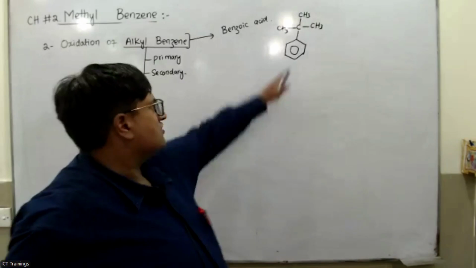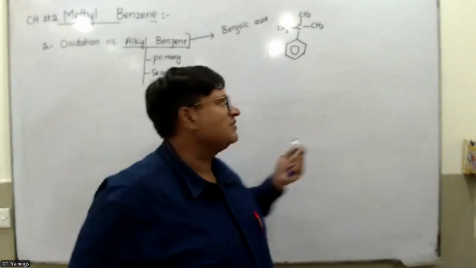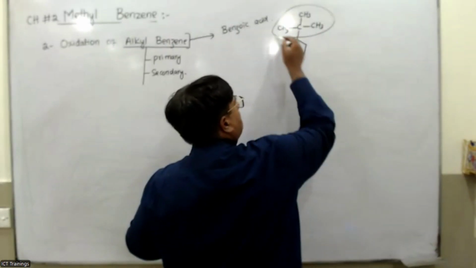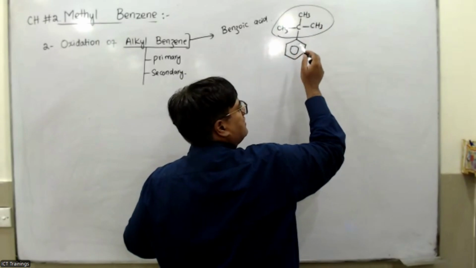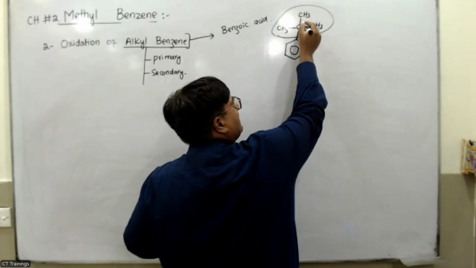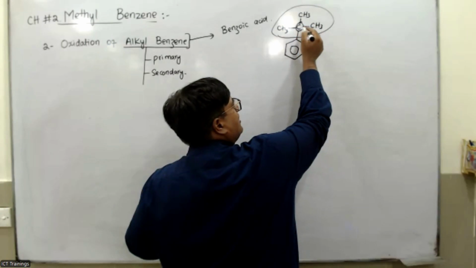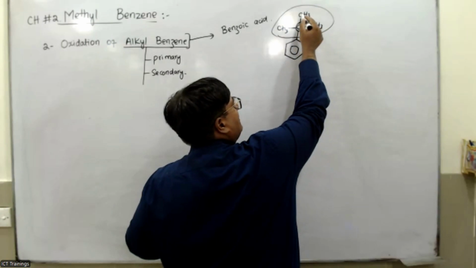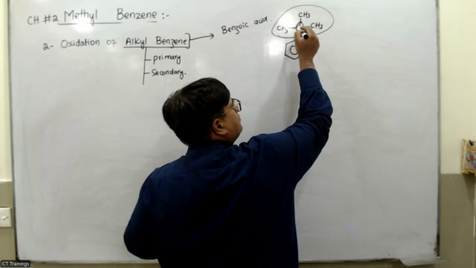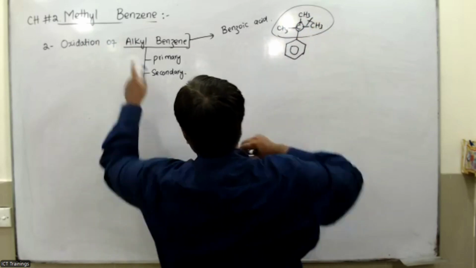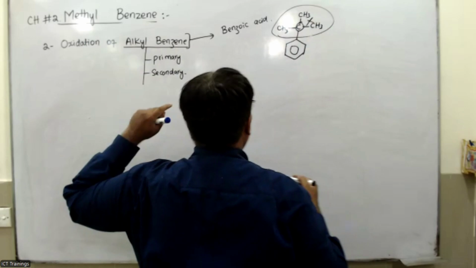So this whole thing is the alkyl group, alkyl benzene. This carbon which is attached to the benzene is tertiary. It is surrounded by 3 carbons on its sides. So this one can't undergo the process of oxidation.